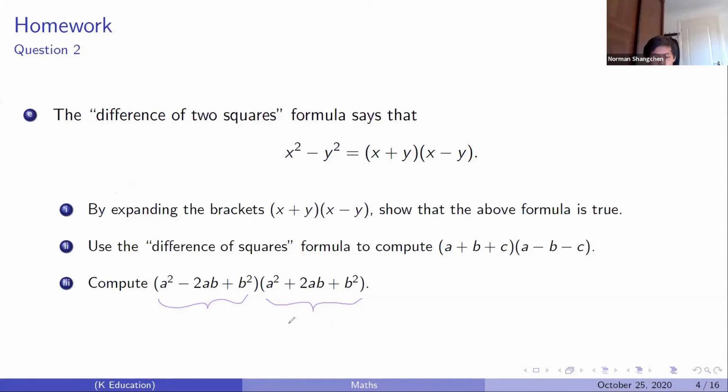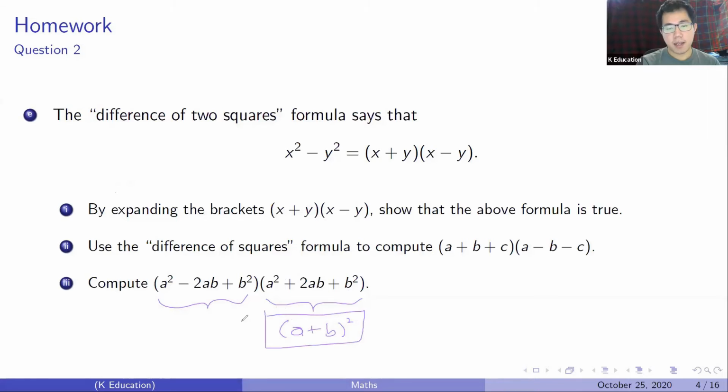No, there's no square, it's just a plus b. A plus b squared. Okay, now that you've done that, can you guess what the first bracket would be? Minus a plus b squared.